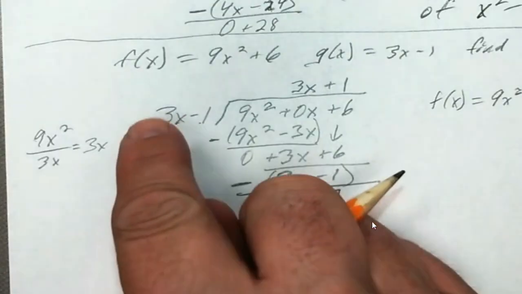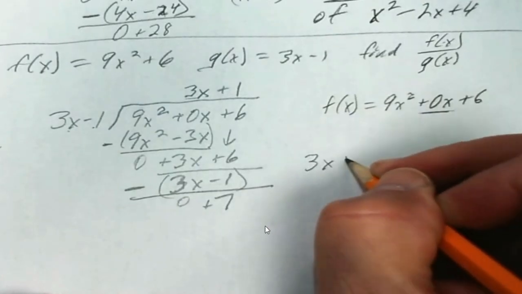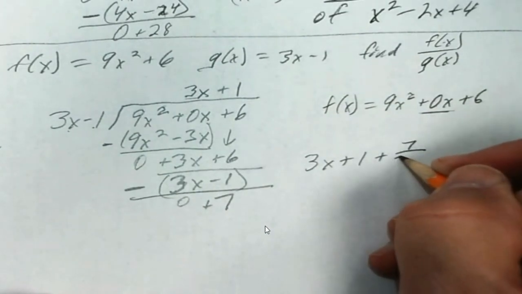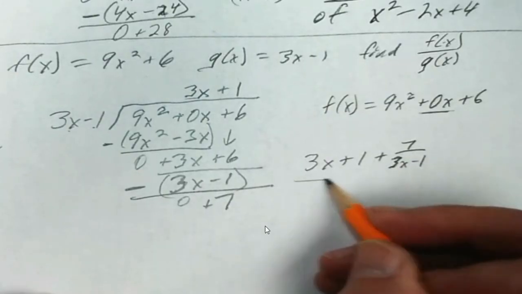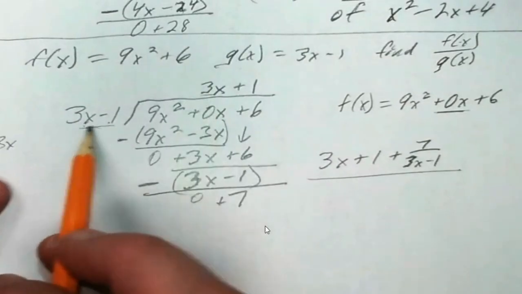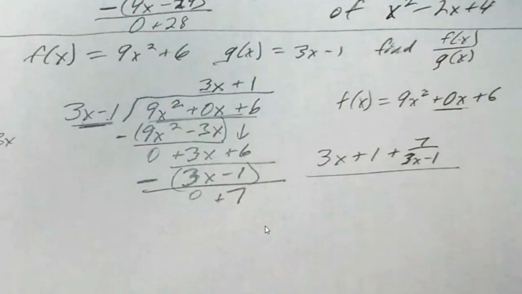So if we divide 3x minus 1 into this, the answer is 3x plus 1 plus 7 3x minus 1s. Which means, again, this is not a factor of this because it does not divide evenly.